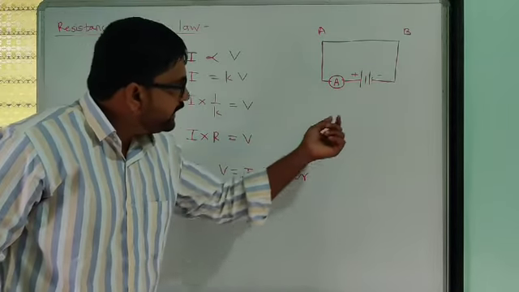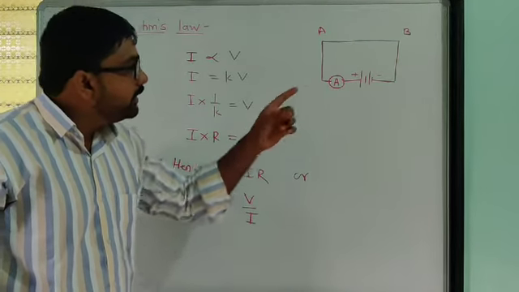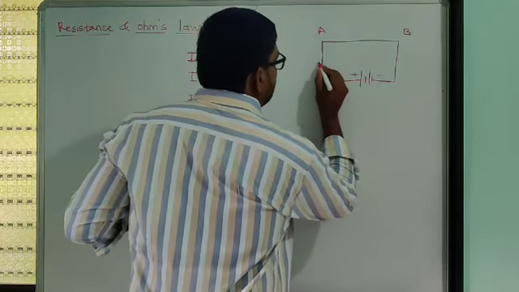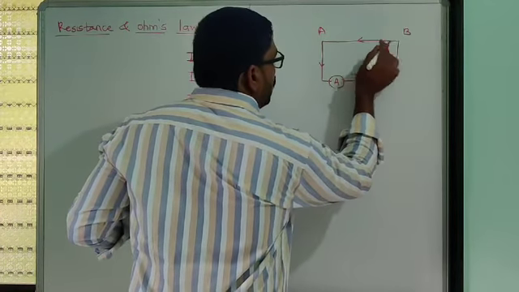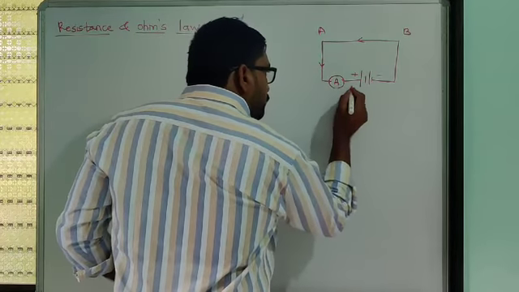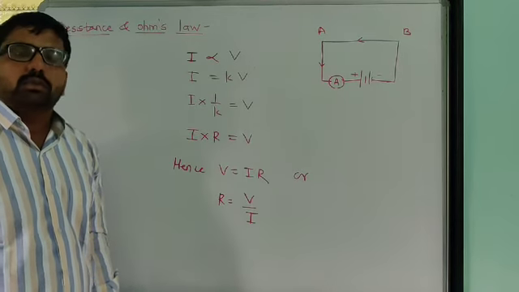As we connect this battery across wire AB, current starts to flow in this direction, because all the negatively charged electrons present here move toward the positive terminal of the battery.